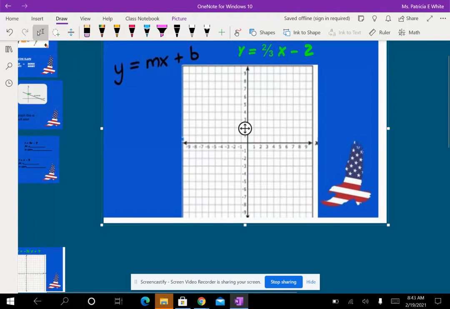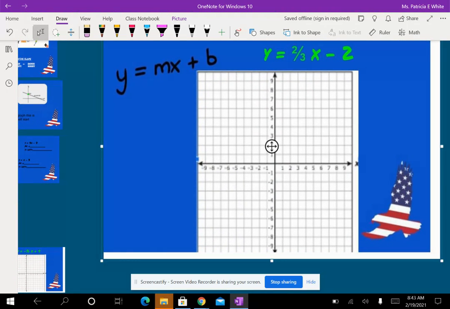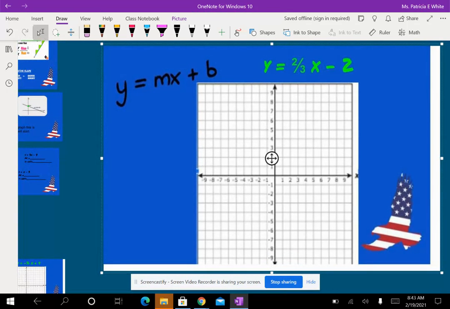Okay, so now we're going to start practicing. My y-intercept, my start point, is this -2. So I'm coming to my origin and I'm going to go down 2, right there. Okay? My slope is 2/3.